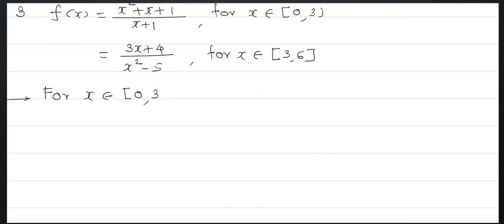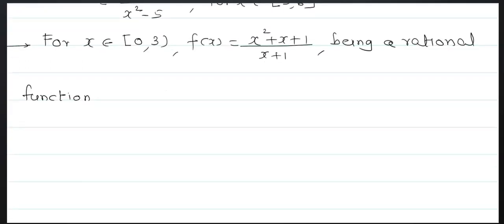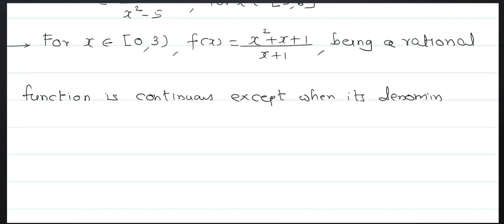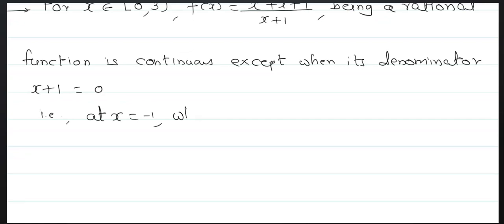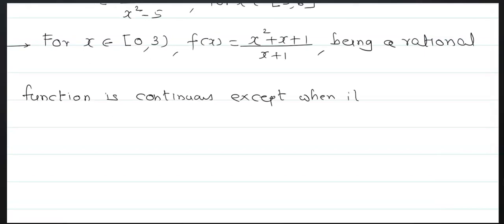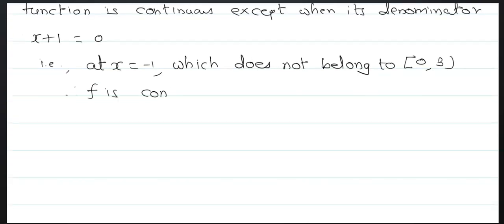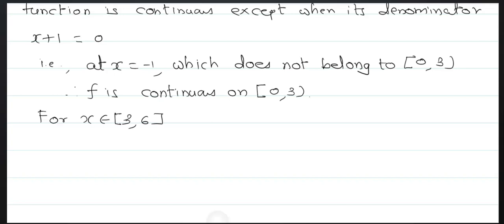For x belonging to closed 0 to 3, f of x is equal to x square plus x plus 1 upon x plus 1, being a rational function, is continuous except where the denominator x plus 1 is equal to 0, that is x equals minus 1, which does not belong to that interval 0 to 3. Therefore, f is continuous on the interval 0 to 3.